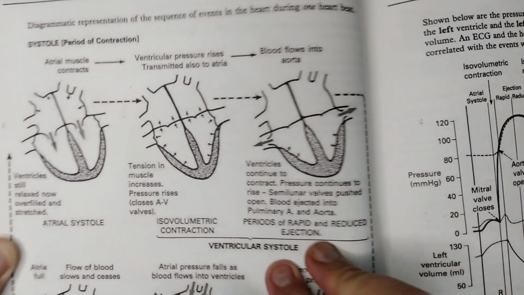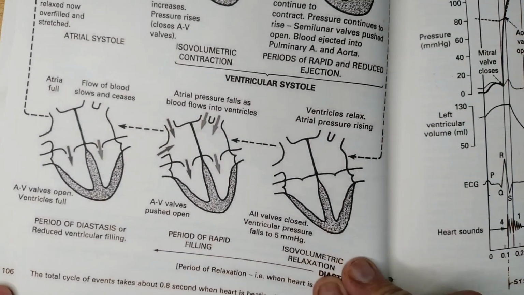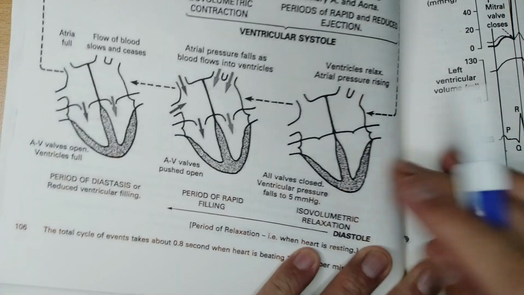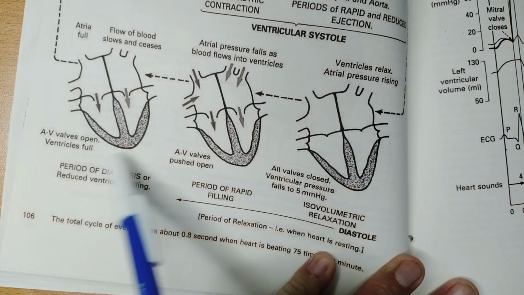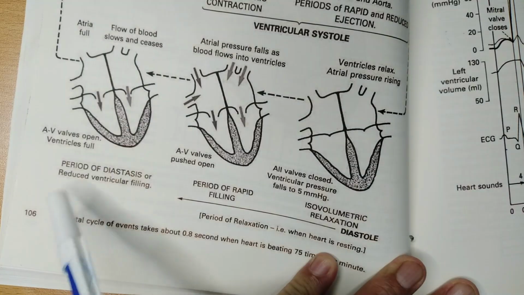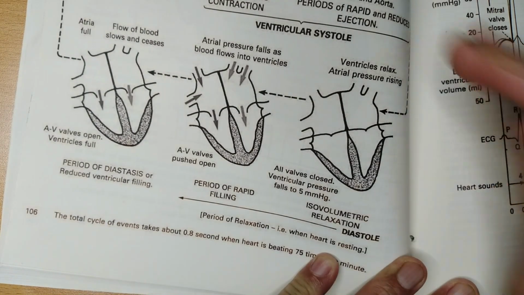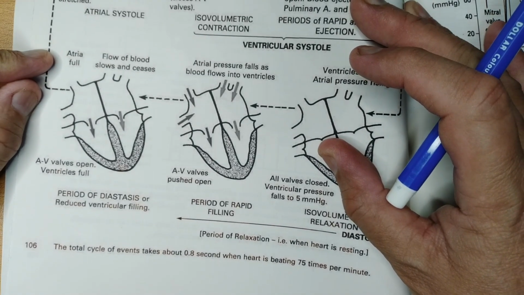Just to revise the diastolic phase and systolic phase, let us start from the diastolic phase first. As I told you in the previous lecture, the period of diastole starts, let's say, from the atrium.